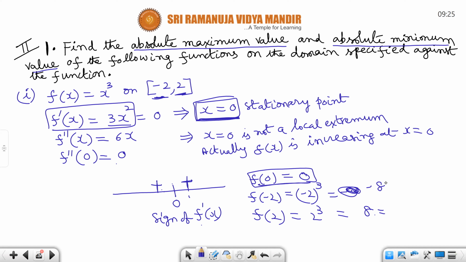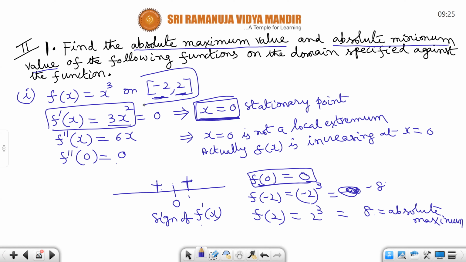So this is the absolute maximum. Absolute maximum is also called global maximum, or the greatest value of the function. Three names for it: absolute maximum, global maximum, and greatest value of the function, in the given domain, minus 2 to 2.